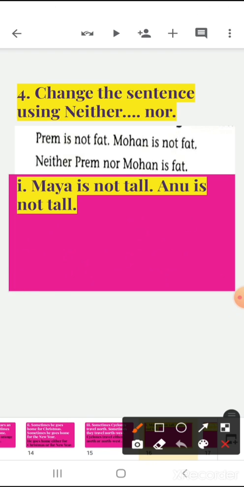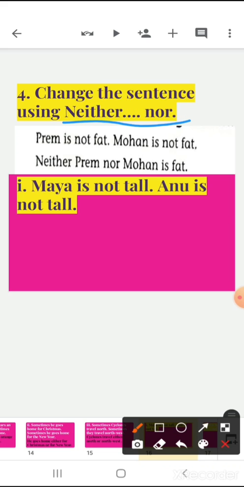Change the sentence using neither nor. The example is given. Prem is not fat. Mohan is not fat. In these sentences, we have to use neither nor. In the previous one, we used either or. Okay?